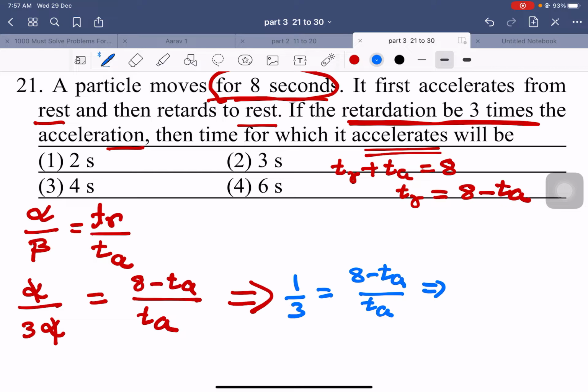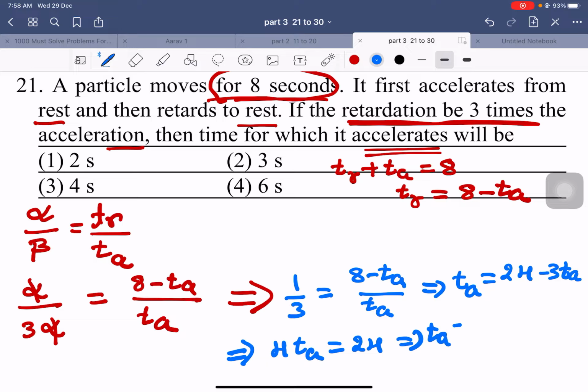This implies Ta is equal to 3 into 8, 24 minus 3 Ta, or 4 Ta equal to 24, or Ta equal to 24 by 4, which is 6 seconds. Therefore time of acceleration is equal to 6 seconds. Fourth option is the correct one. Then we will move on to the next question.